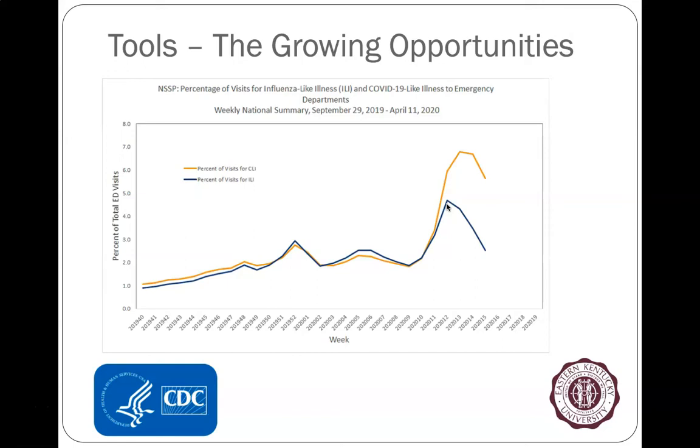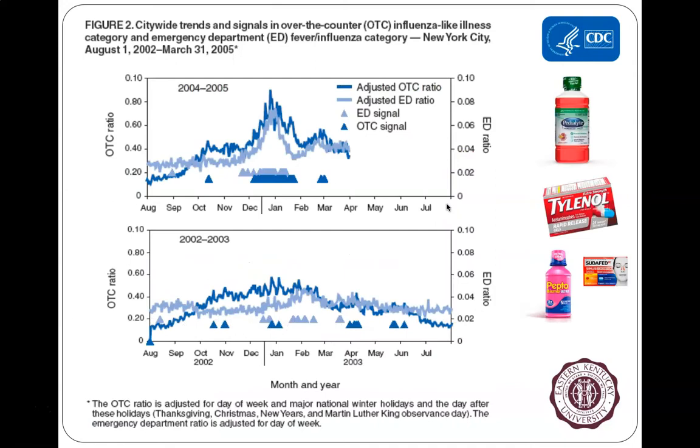Other things they can do: there are surveillance opportunities through monitoring the sale of over-the-counter drugs, and in some cases also things like Pedialyte. So you can look at a population, and this was looking at emergency department visits for fever and influenza.